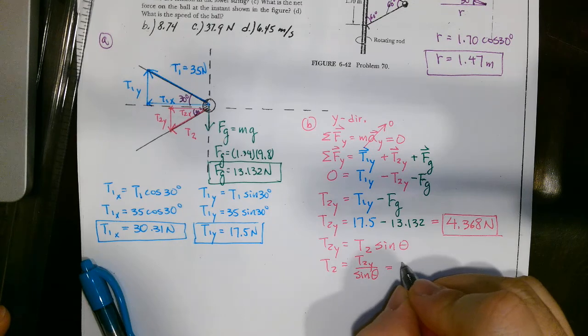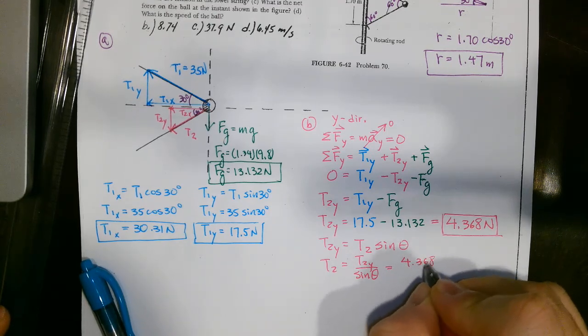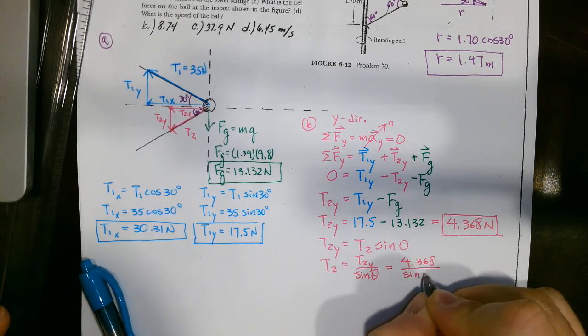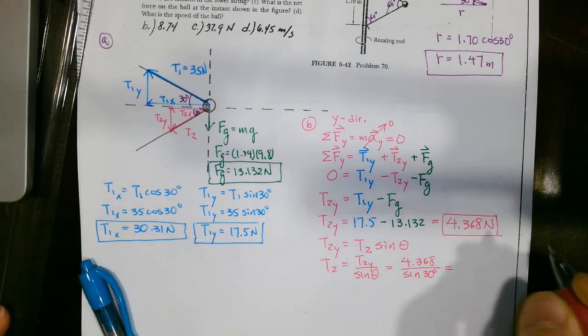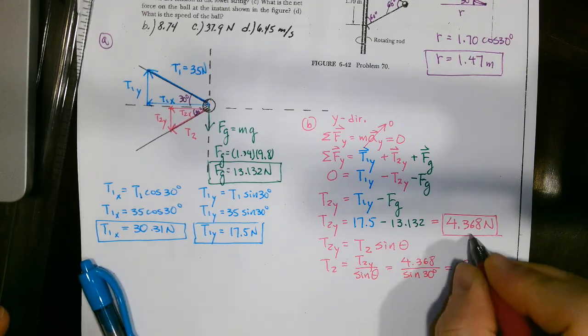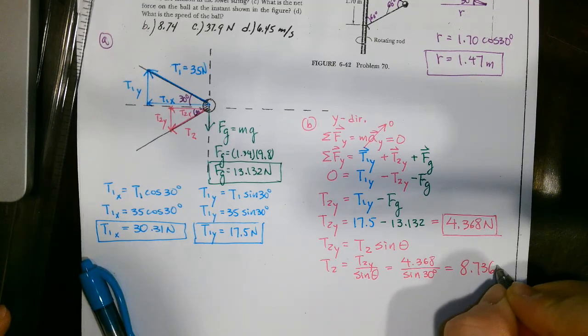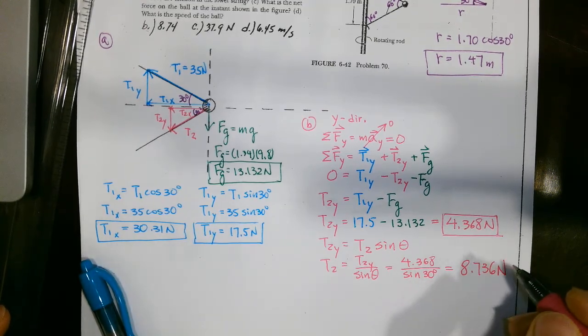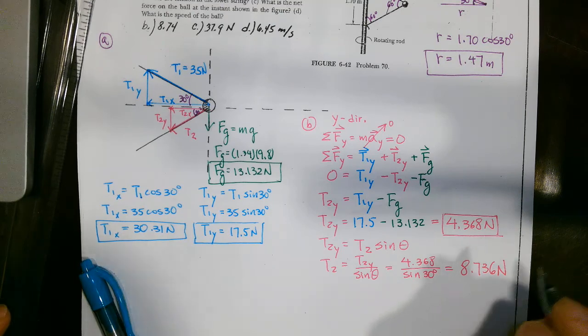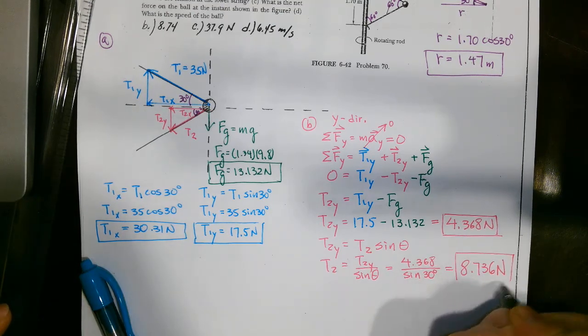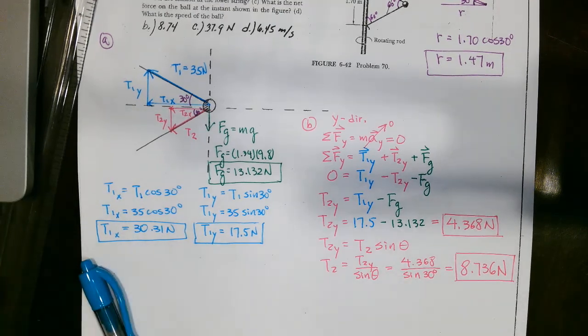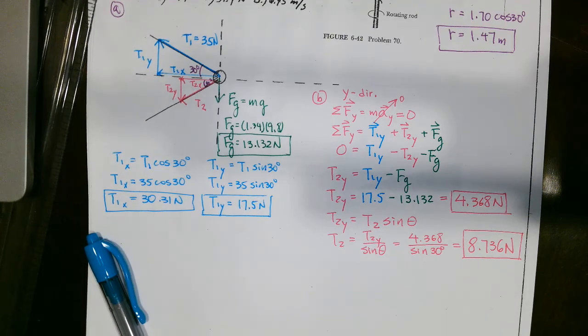That is 4.368 divided by sine of 30, and that should come out to double that, which is 8.736 newtons. That's my T2.